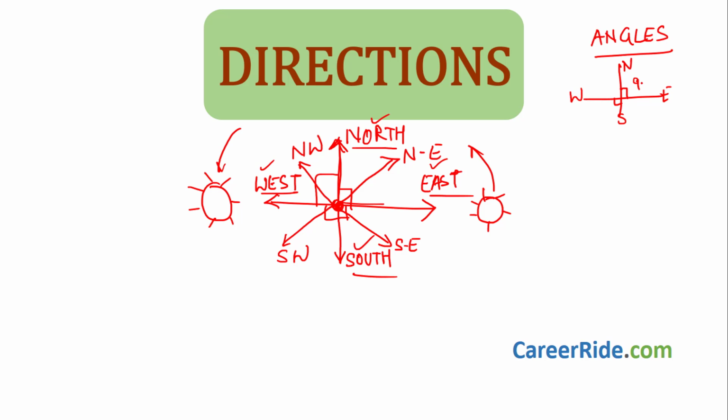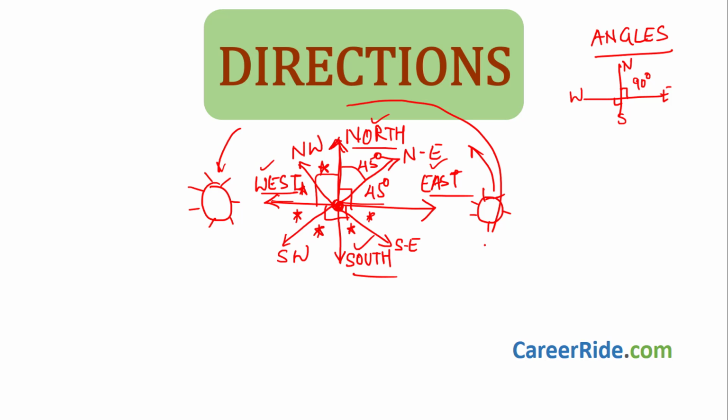Now the angle between north and northeast, that is this secondary direction, it is 45 degrees. Same way this will be 45 degrees. All these smaller angles between the main direction and the secondary direction are 45 degrees. So 45 plus 45 makes up 90 degrees.